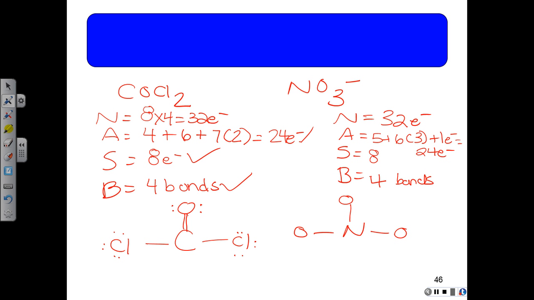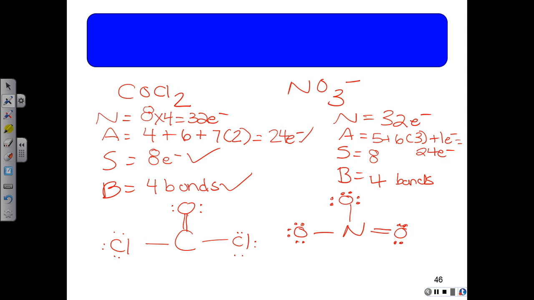Here we have all 3 oxygens around, so it does not matter which one you put the double bond to. You could do it to the one on the right, the top, or the left. It's the same structure. So I'm just going to pick this one. There's my 4th bond. Now I'll make 8 electrons around each oxygen. I need 6 more here and 6 more there.